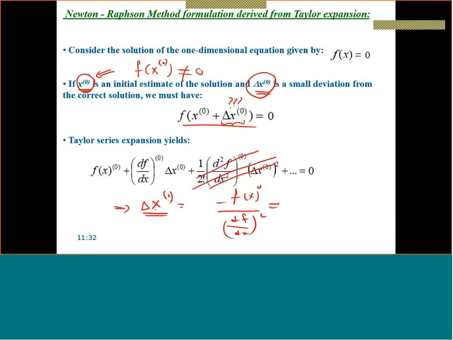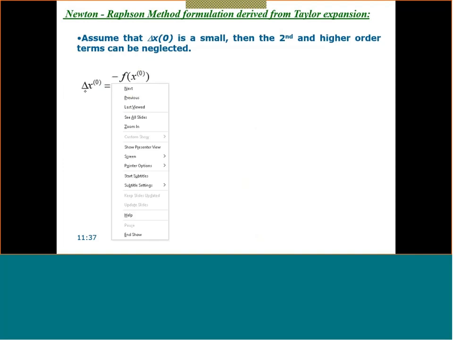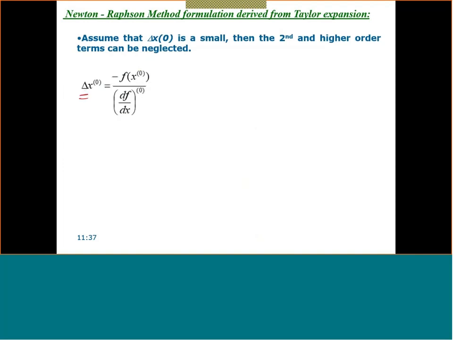Okay. Now, your x of 1, which is now the current guess, will be what? It will be the previous guess plus delta x of 0, which is this one. And this will lead us to the formula of the Newton-Raphson. Actually, this is the error.